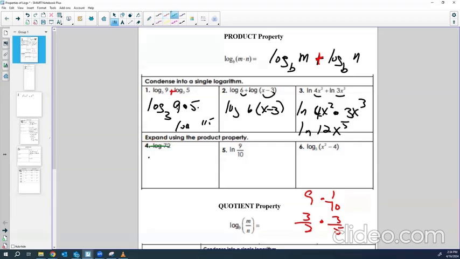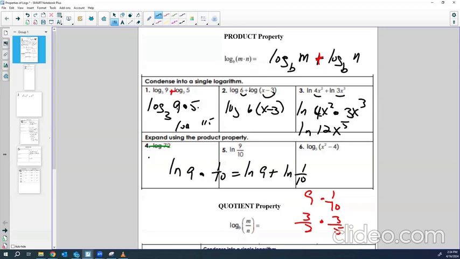That would give me the natural log of 9 times 1/10, which gives you ln of 9 plus ln of 1 over 10.